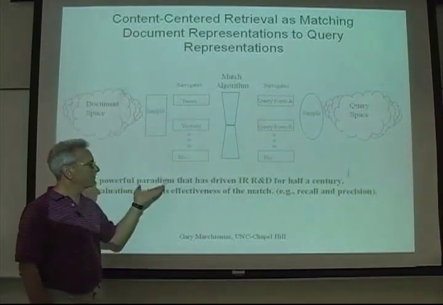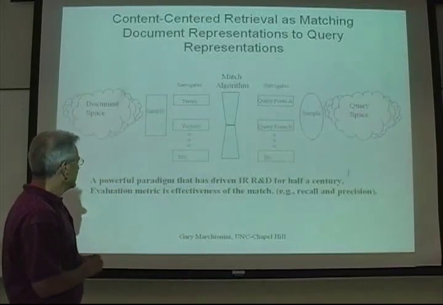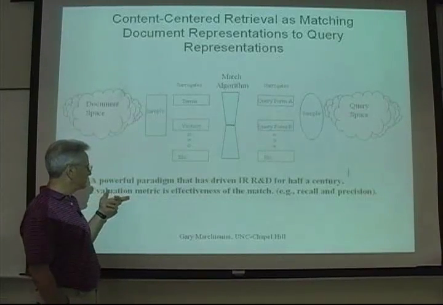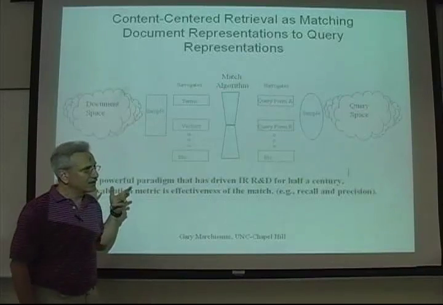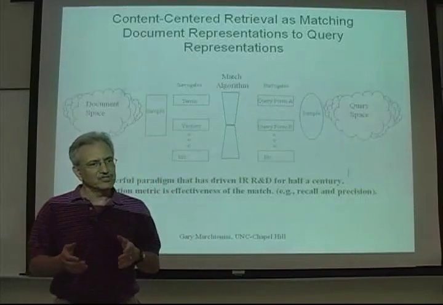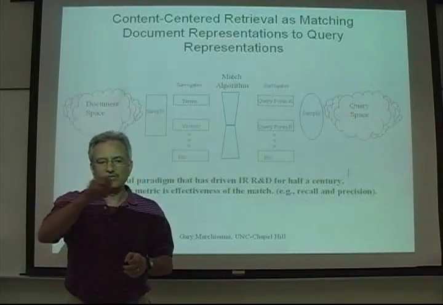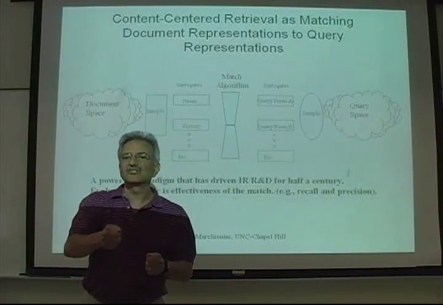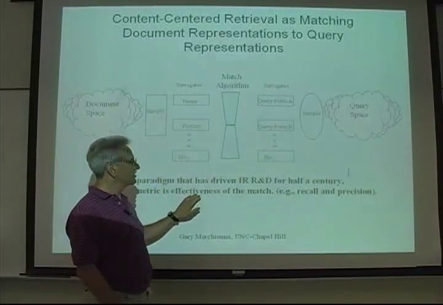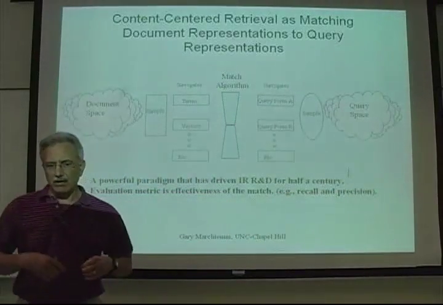Now, this is a very powerful paradigm, and it's driven this research for literally half a century. It's been successful in many respects because there's been an evaluation metric that, from an engineering point of view, lets people say this system does this better than that, or this algorithm works better than that, because we can measure it and we have this evidence. The effectiveness measures are recall and precision, and they are numbers.